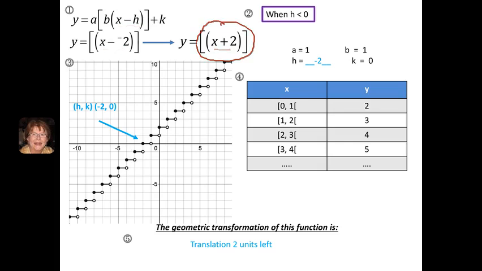It isn't, because you're subtracting a number. So if I look at my rule, it's the negative h that is equal to positive 2. Therefore, the h is equal to -2. Be careful with that.